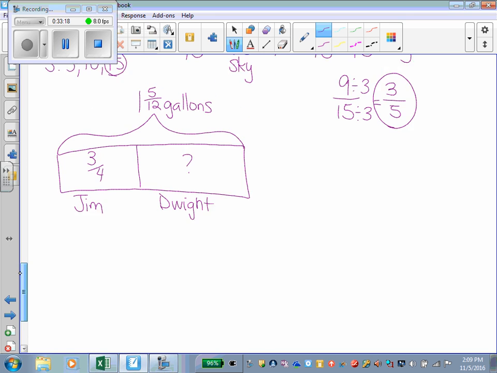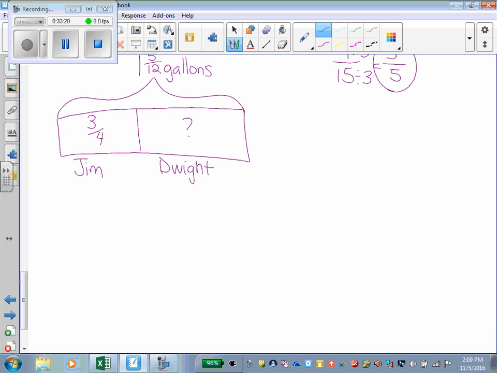So now we have a mixed number. We have 1 5/12 total amount minus the amount that Jim sold, which is 3/4, equals what Dwight sold. And this is Jim.